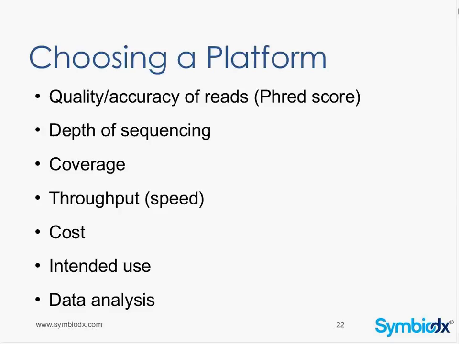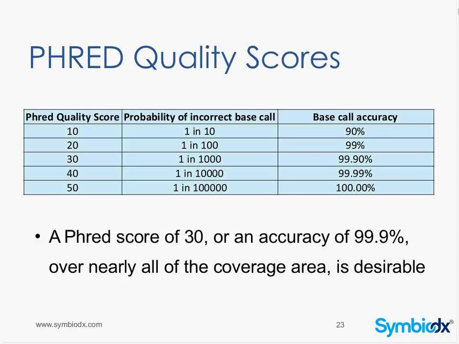A few things for a laboratory to consider when choosing a platform. First would be the quality or accuracy of reads, and this relates back to something called a Phred score. The Phred score is a mathematically determined value that was based on Sanger sequencing and has been translated to next-generation sequencing. This is a little table for how to interpret a Phred quality score and translate that to a numerical percentage that makes a little bit more sense.